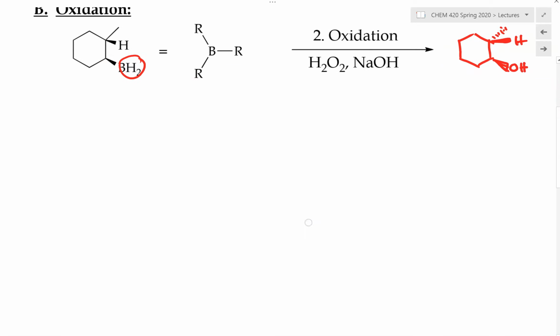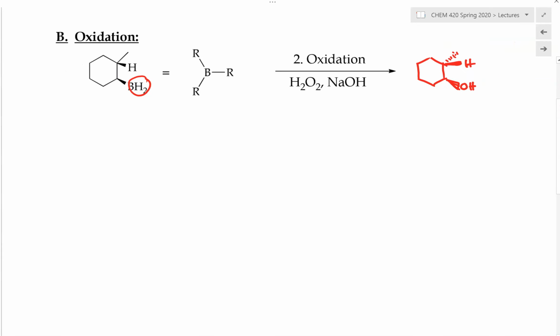And the mechanism of this reaction is as follows. So first, we have hydrogen peroxide. And in the presence of sodium hydroxide, which is a good base, it will come in and pick up the proton from this hydrogen peroxide, because this pKa right here is about 12.